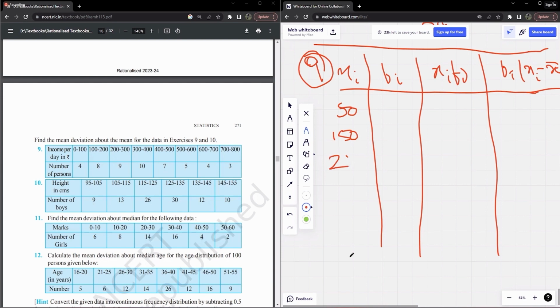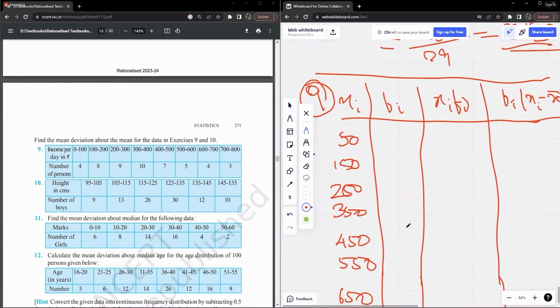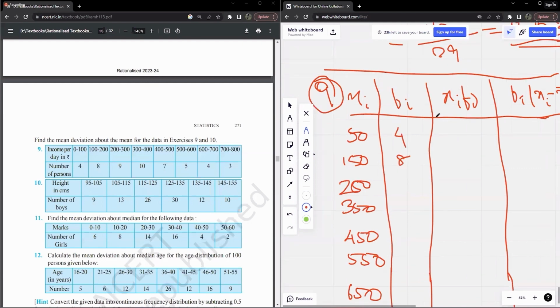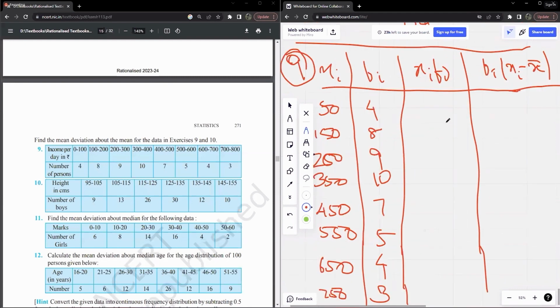Cool. All right. So then we have the number of people being 4, and then an 8, a 9, a 10, a 7, a 5, a 4, and a 3. Finally, we have fi xi.